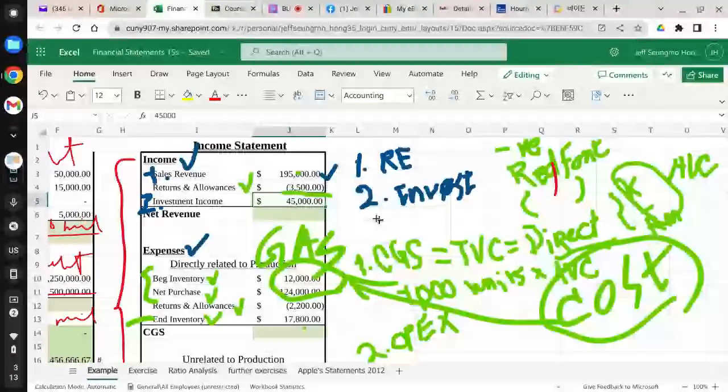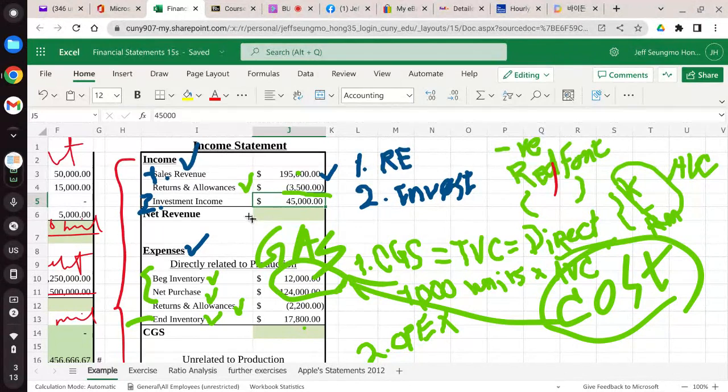And then, what about returns and allowances? Returns are easy to understand, right? We sold something, merchandise or services. If it is services, it's hard to return, right? The service has been performed or rendered, and that's it.